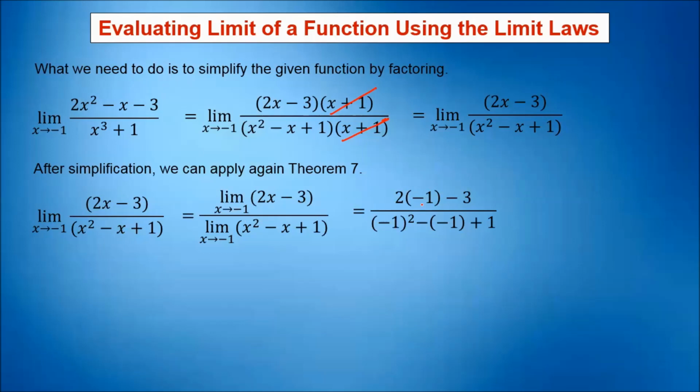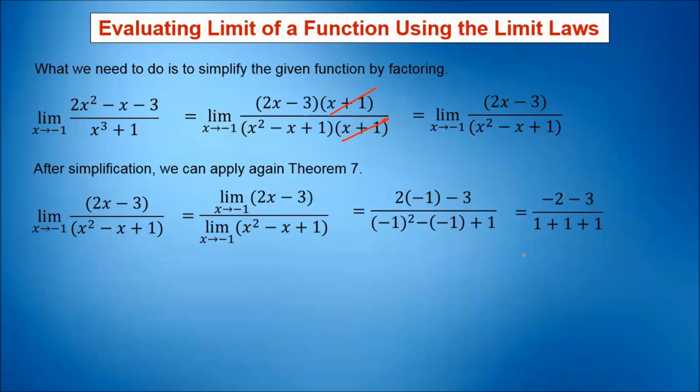For the numerator, that will be 2 times -1 minus 3, all over, for the denominator, -1 squared minus -1 plus 1. By simplification, 2 times -1 is -2 minus 3. Then on the denominator, -1 squared is 1. Then -1 times -1 is +1, then plus 1.